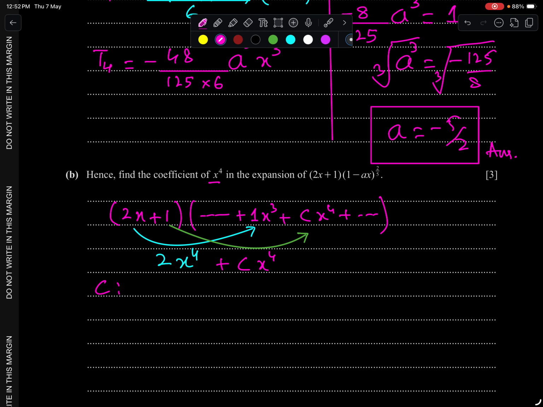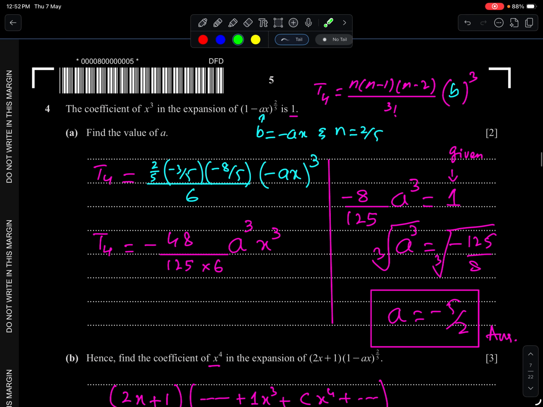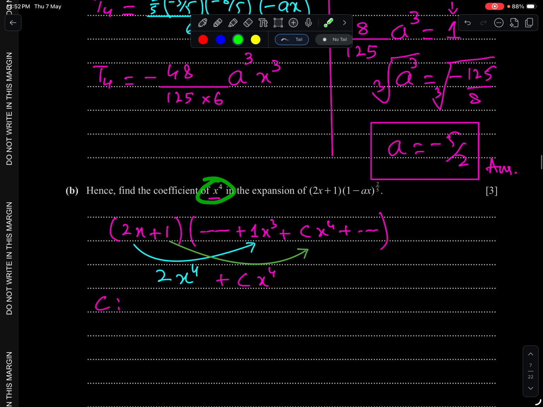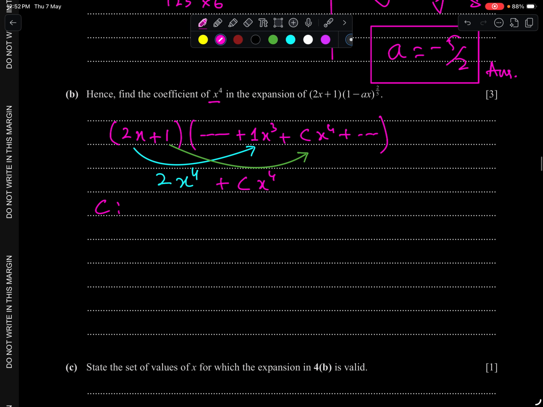So for c, please see and understand. For x cube, I found t4. So for x power 4, I must find t5, the fifth term. So t5: n is 2 upon 5, in fact.